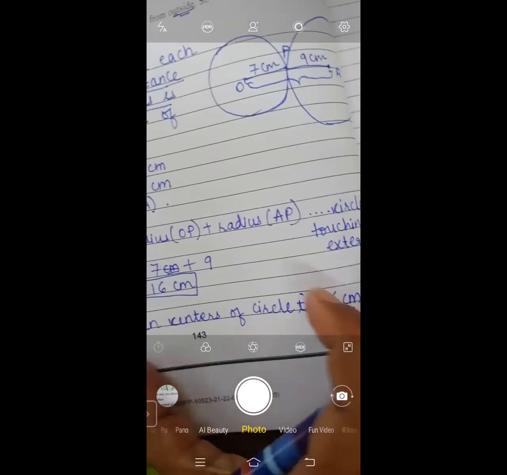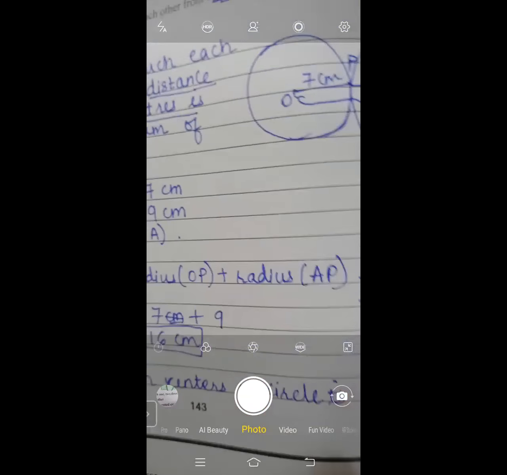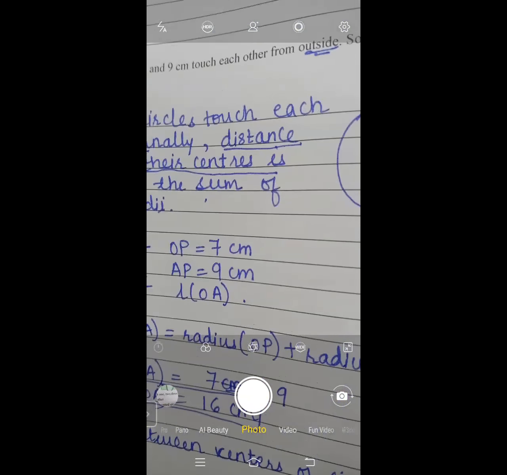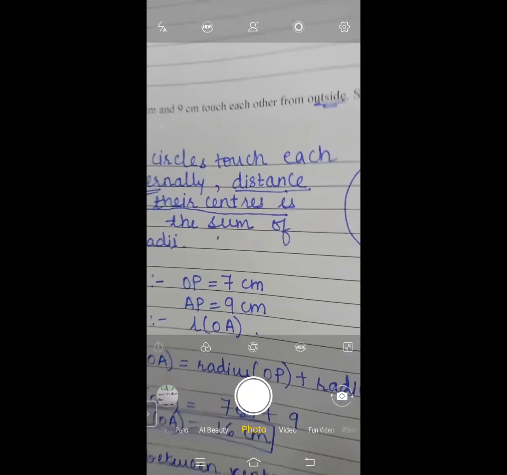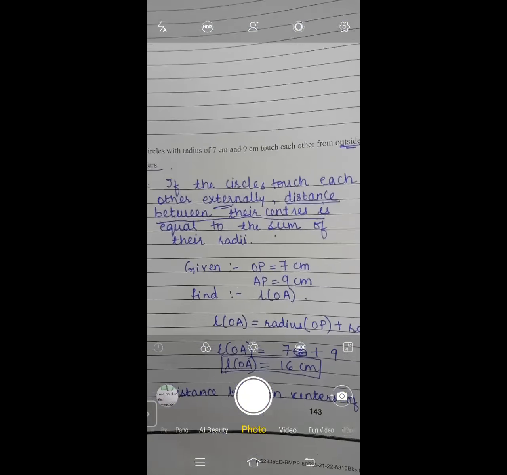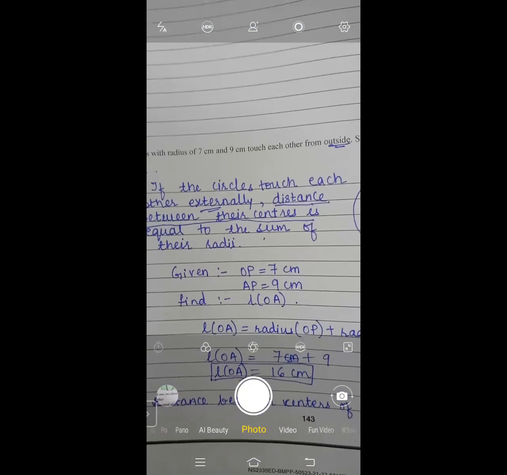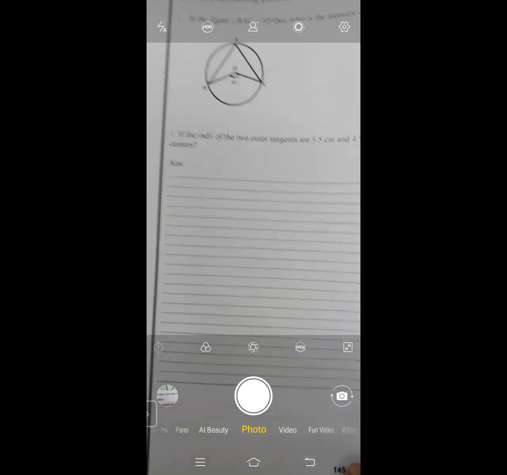So the distance between the centers of the circle is 16 centimeter. These are easy questions. Okay, we will go for the next question.